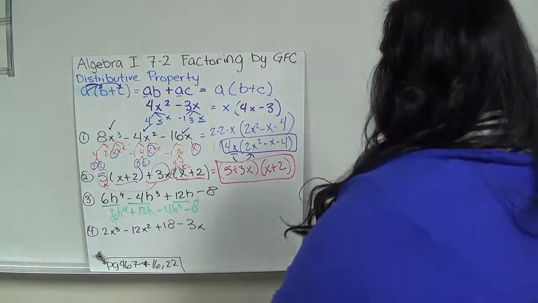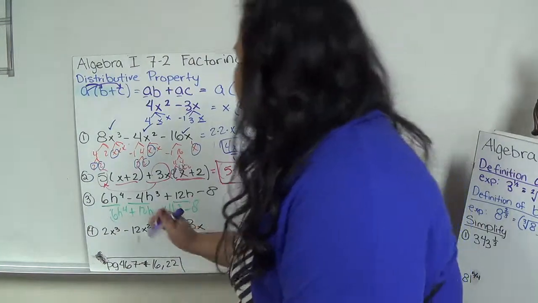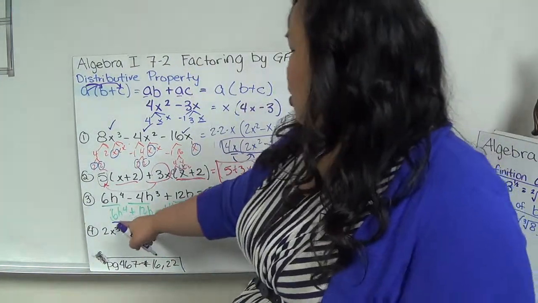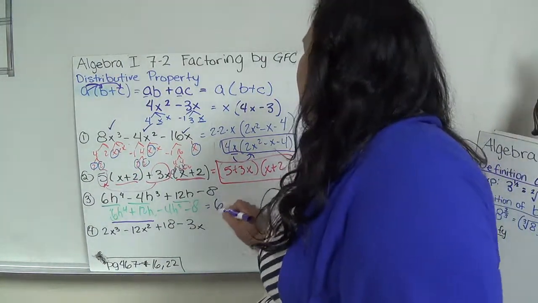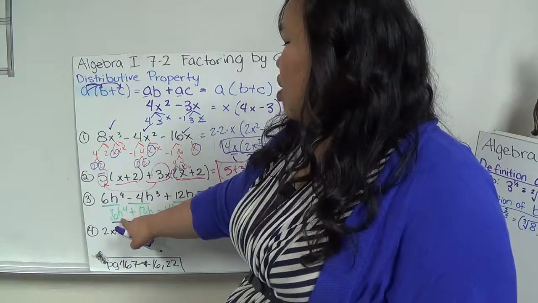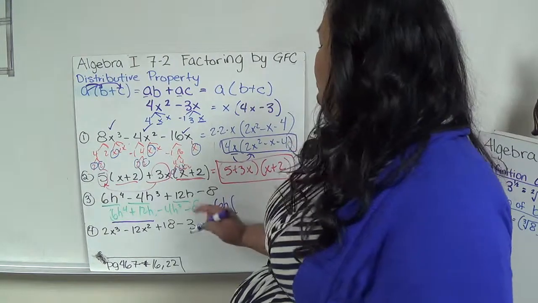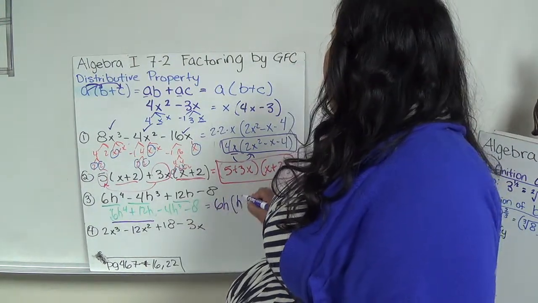For the first pair, if I just focus on these two, I can take out a 6 and an h. If I take out a 6, that leaves me with a 1, and if I take out an h, it gives me h cubed.